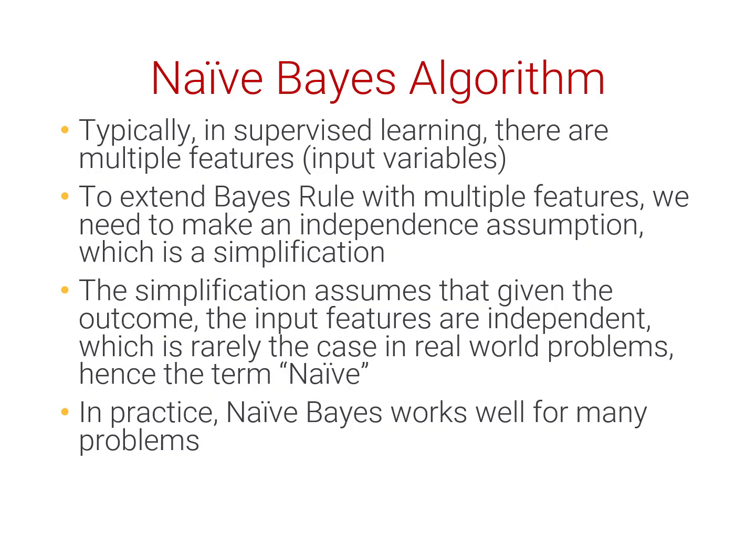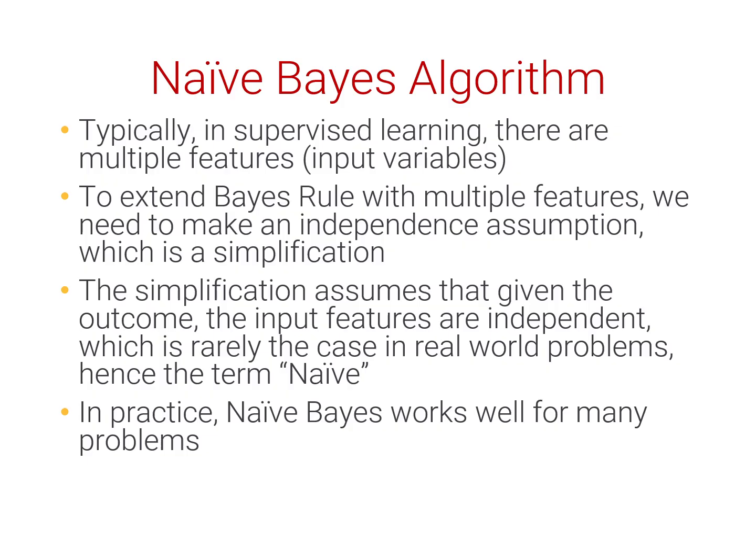In other words, the presence or absence of one feature does not influence the presence or absence of another feature when the outcome is known. This assumption simplifies the calculation of probabilities and enables naive Bayes to efficiently handle high-dimensional data.